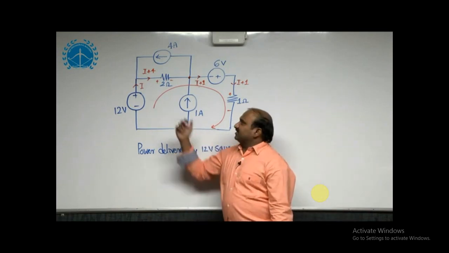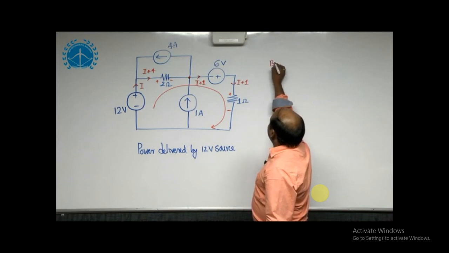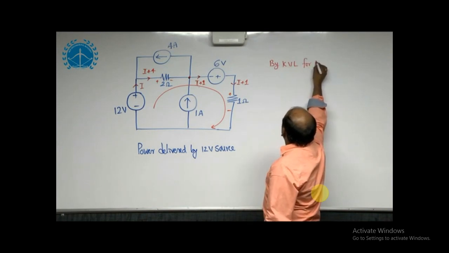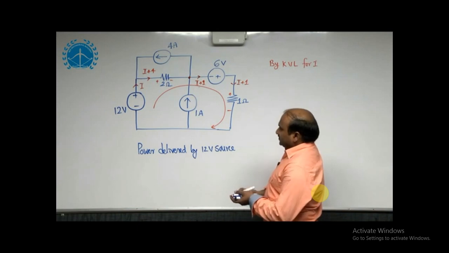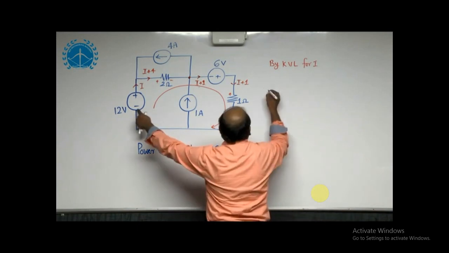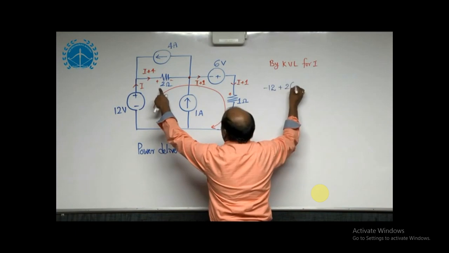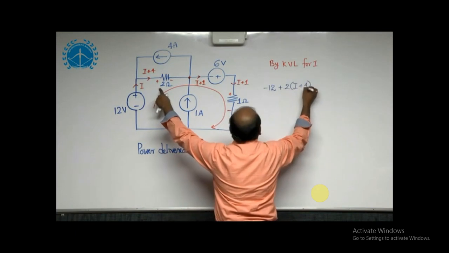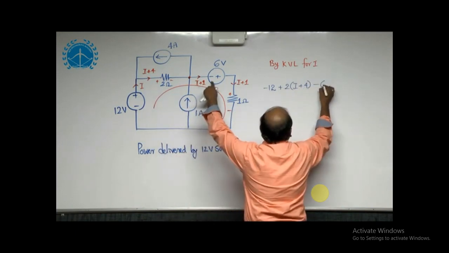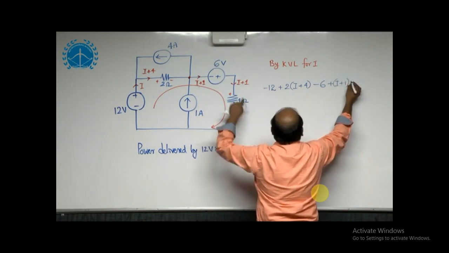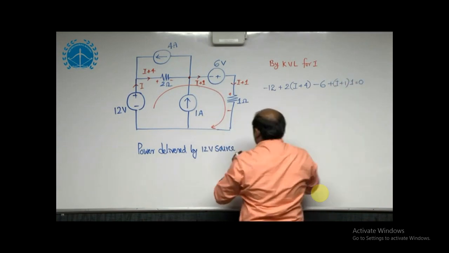I is required. For that, by KVL for I, the total closed path, I can write minus 12 plus 2 times (I plus 4) minus 6, starting terminal I have taken, plus (I plus 1) times 1 is equal to 0.